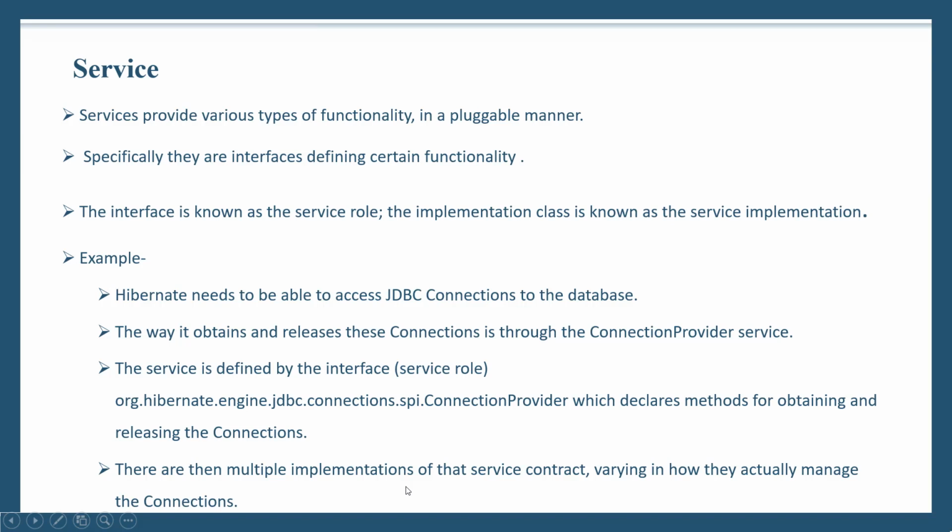And then there are multiple implementations of that service contract varying in how actually they manage the connections. So basically we can say that service is nothing but an interface which has the different functionalities, and then there are different implementations provided by different vendors for that service.